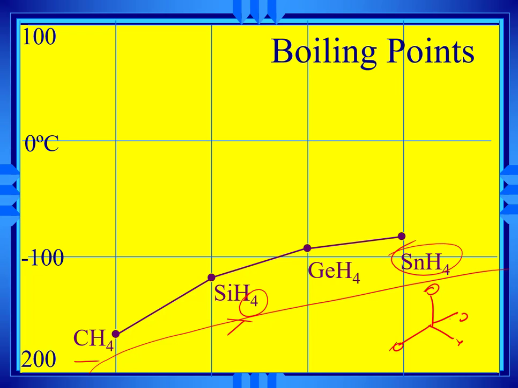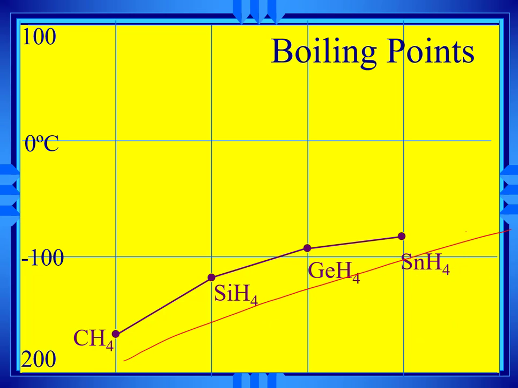And tin does it better than CH4 because tin is doing those dispersion forces with 54 electrons, where carbon's doing it with 10. So that upward trend is all about dispersion forces. The bigger the molecule, the higher the boiling point, if it's only dispersion forces.